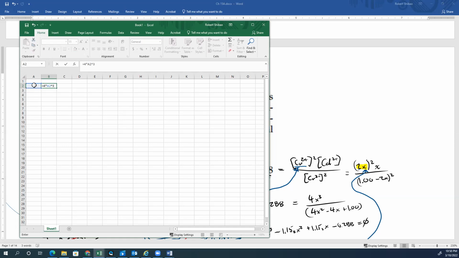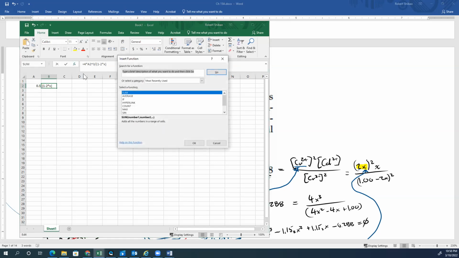Let's see if that works. Divided by 1 minus 2 times x. Let's plug in, say, 0.5. This is some guess. What happened to my formula? Why is this not working?